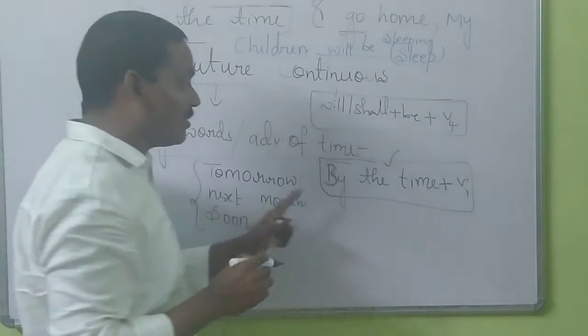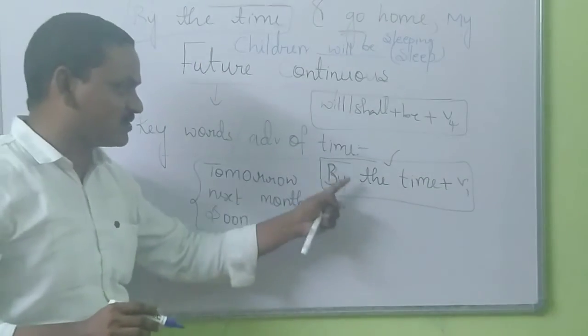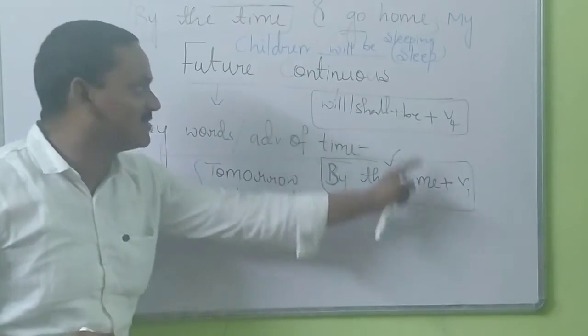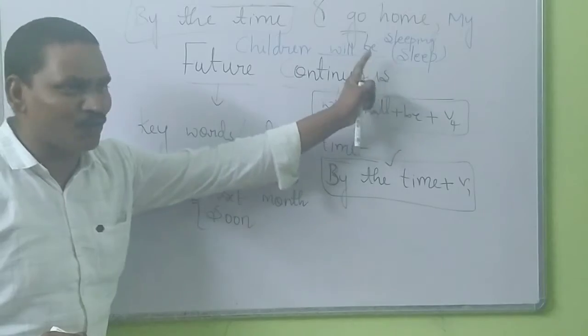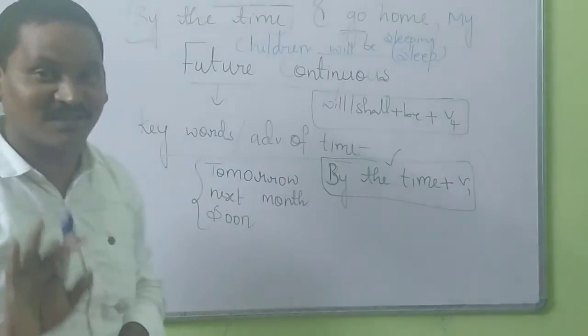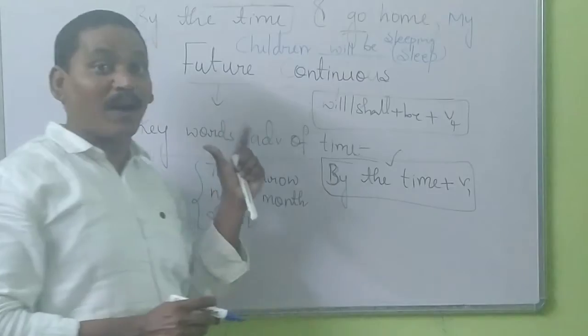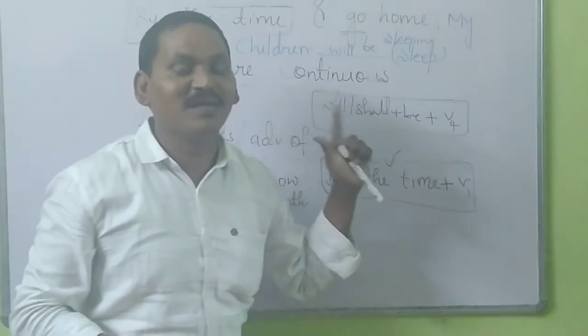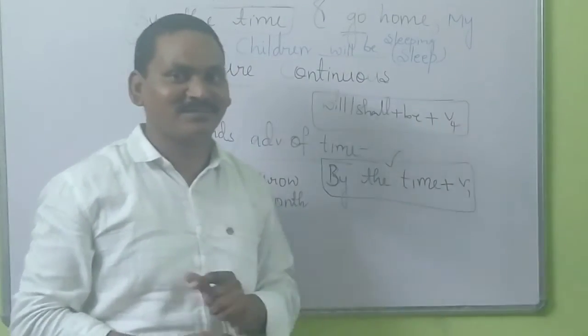We should remember this, because when by the time is followed by V1, we should definitely write only the future continuous tense. By the time I go home, my children will be sleeping.